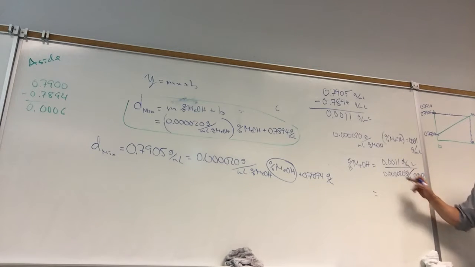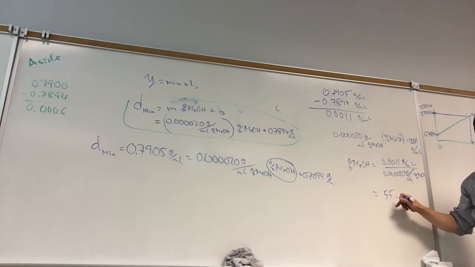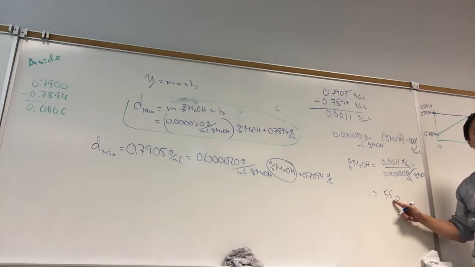So can somebody calculate this? 55? Oh, wow. My graph here was way off. It's more like 55. So this is more in the center. So 55 point what? Okay, 55.0. So we'll carry that extra 0.